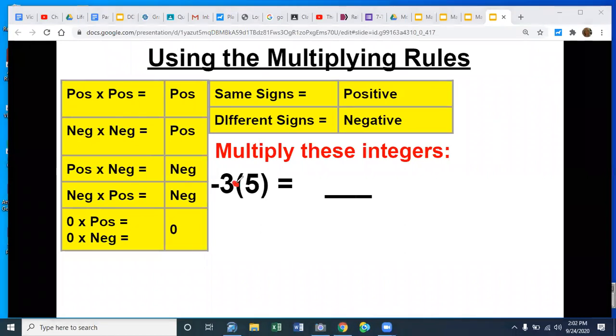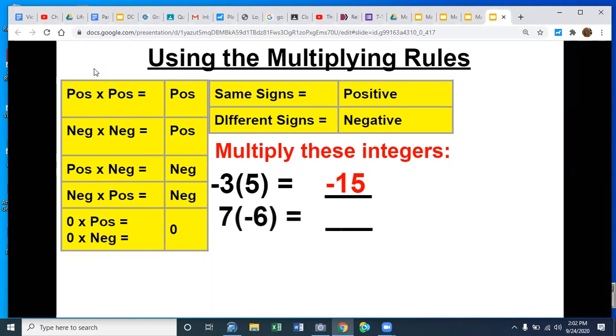A dot is also a way of showing multiplication. So let's see, what's 3 times 5? Negative 15. Different signs, right? One is negative, one is positive, so the answer is going to be negative.